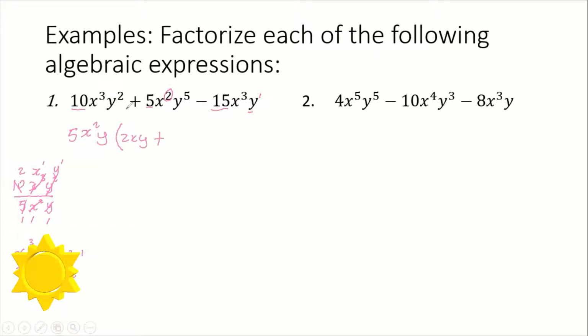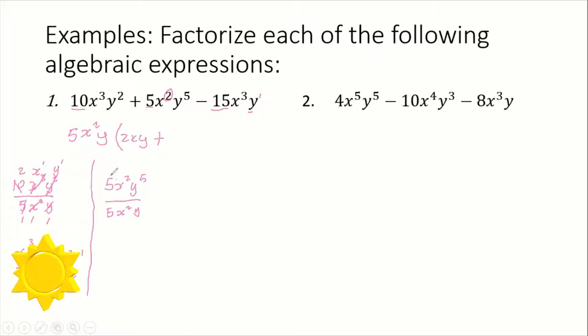Then we're going to do the same thing for the second term, right? So the second term is 5x squared y to the fifth power. And we're going to divide that by 5x squared y, which is the HCF on the outside of the bracket here.